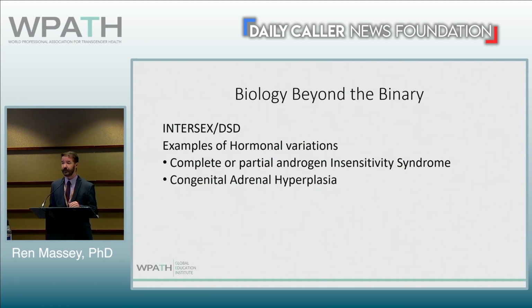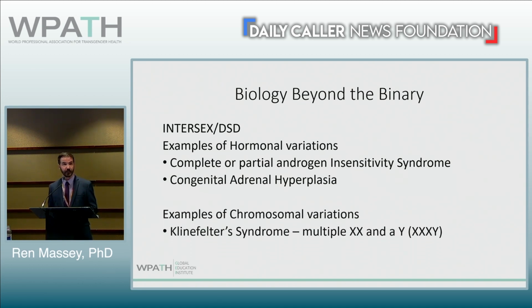We can also see masculinization in folks with congenital adrenal hyperplasia who have two X chromosomes. So we're already seeing there can be variations outside of those expected ladder of assumptions. Then there are also some chromosomal variations like Klinefelter's, where we can have multiple X's and a Y chromosome, or Turner's, where there's an X and an O, a blank on the other chromosome.